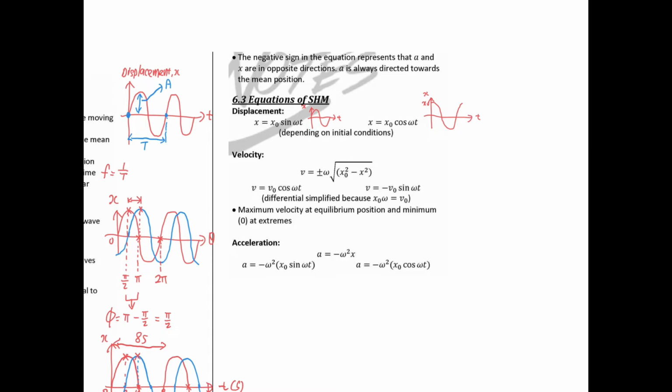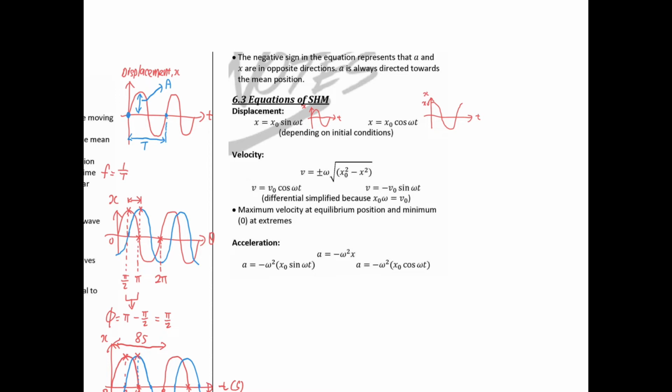Now we have these two equations. Okay, so now let's see the next point, velocity. We learned from mathematics that to get velocity from displacement, we need to do differentiation.